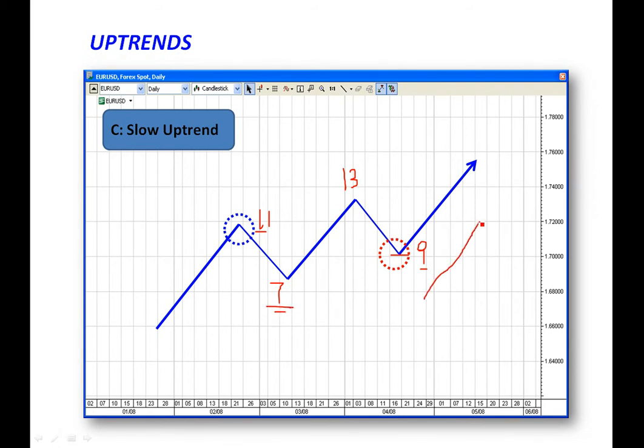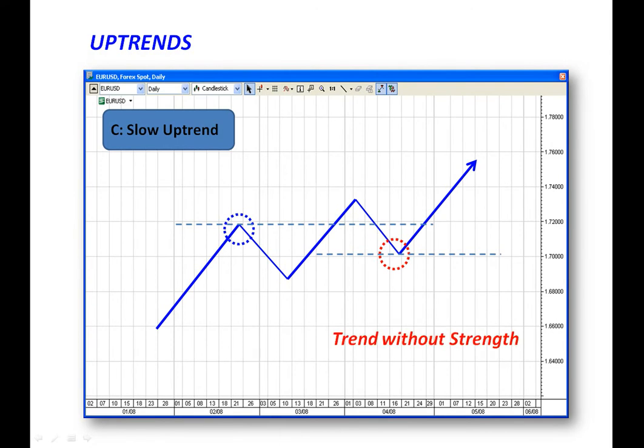The market is still moving up. We call this a slow uptrend, in a more consistent manner and a longer period of time. At times we also define them as trend. The trend is there but without strength.